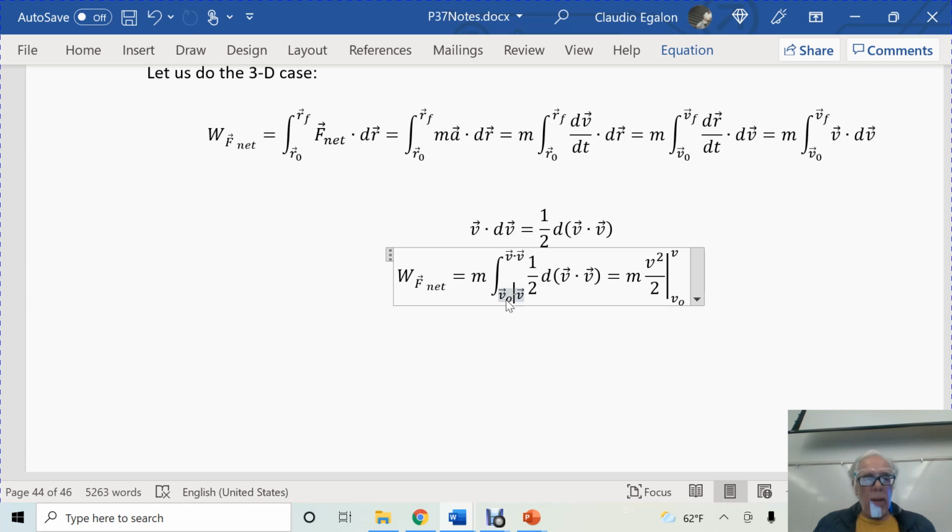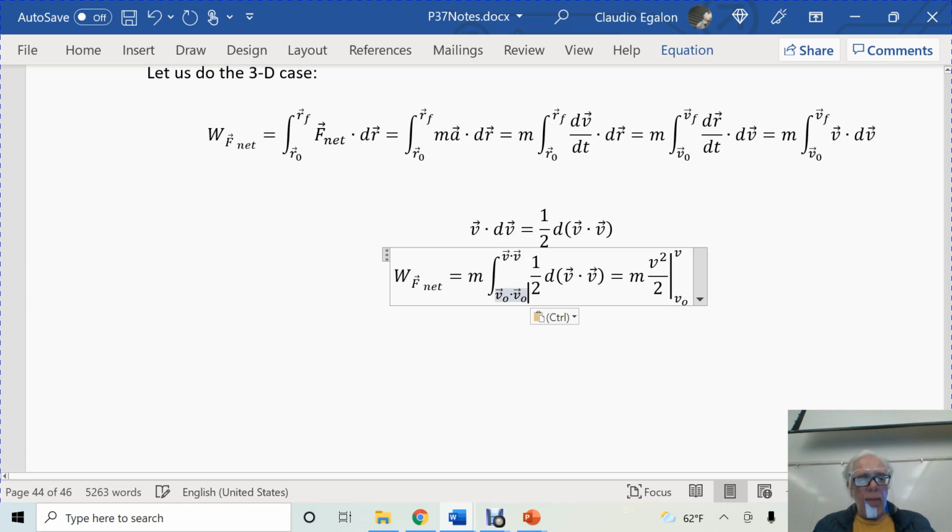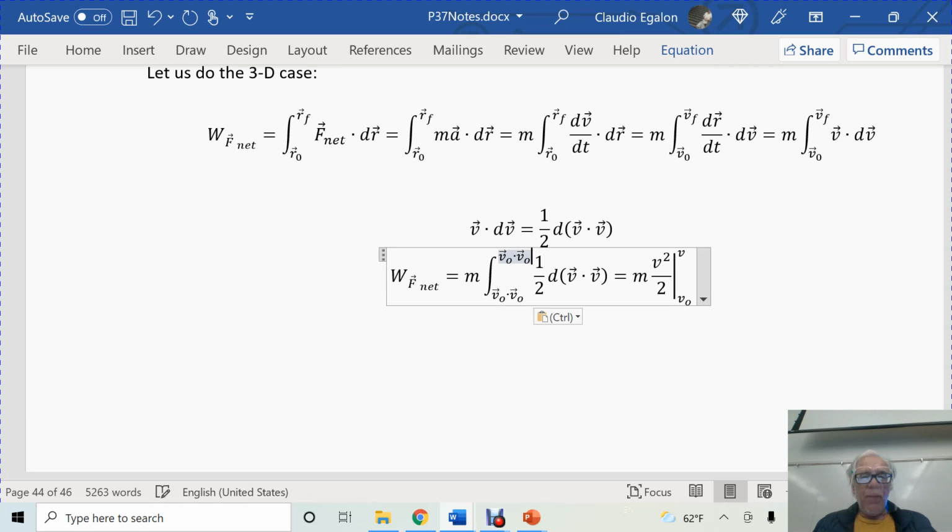But then I'm gonna do something else that's gonna make it look even more clear than before. V dot V is what? What is V dot V? When you take the dot product between the same vectors, we can represent them how?